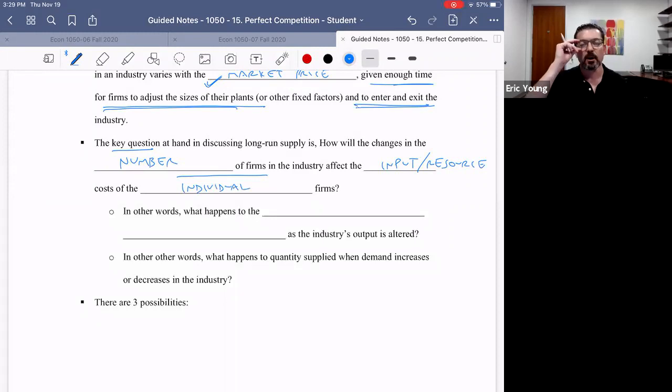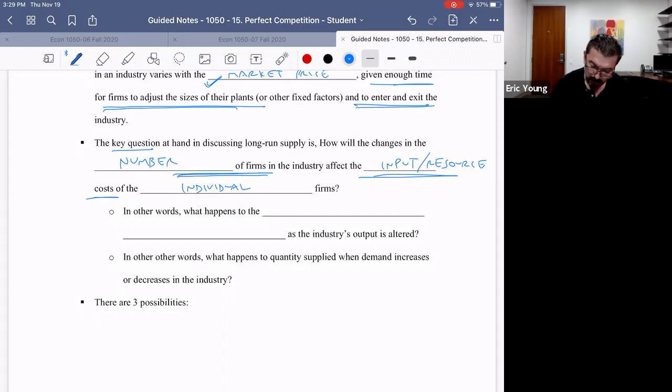We know that firms have to buy factors of production to convert them into output. So the question that we're asking here is, as the number of firms in the industry changes, how will that affect the input and resource costs that the individual firms have to pay to buy the resources to produce things, okay?